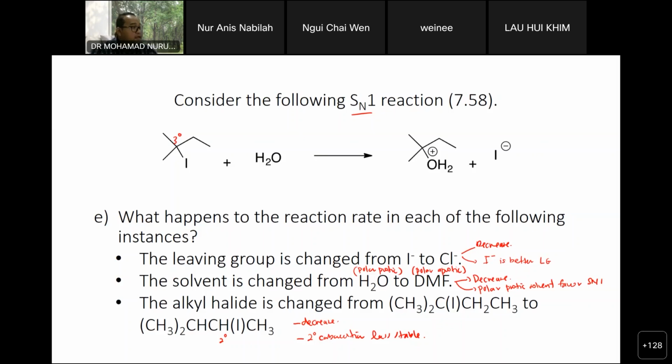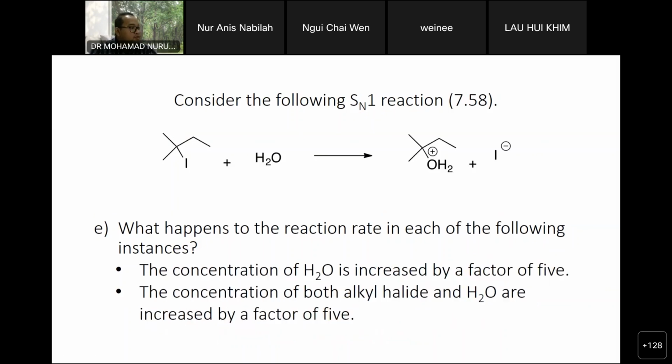Next, what happens to the reaction if the concentration of water increases by a factor of 5? As I said, to answer this kind of question, you have to write the equation: rate equals k times the concentration of alkyl halide. So it remains the same, no change.